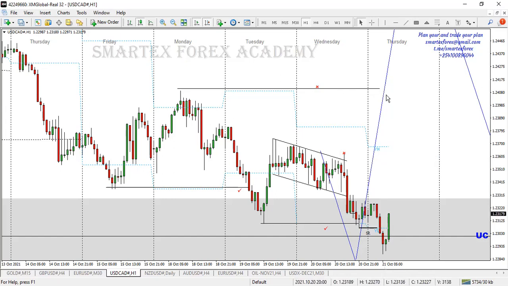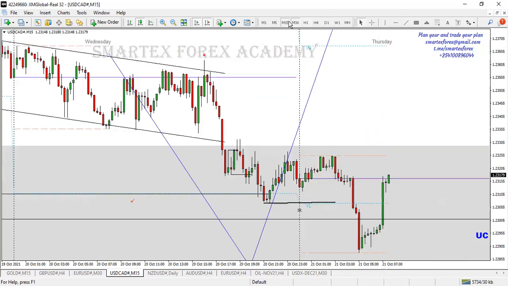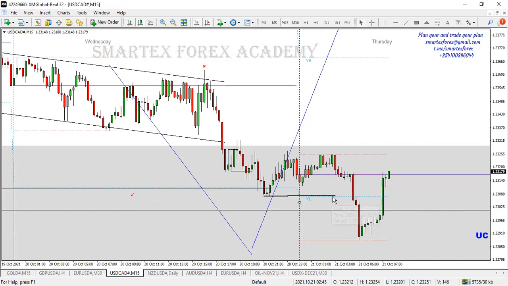But for me, at least, there are some conditional rules I have that will guide me to take this trade. And before this plan shows, I need to follow those rules. So I don't take it aggressively.